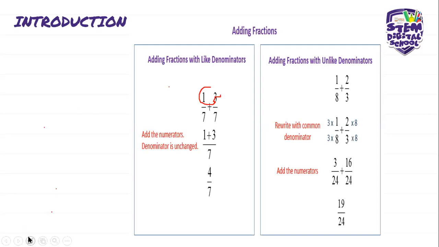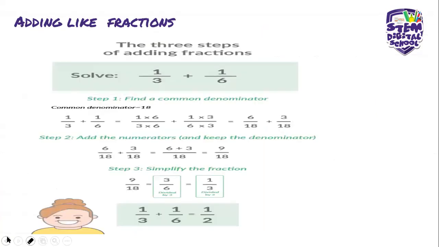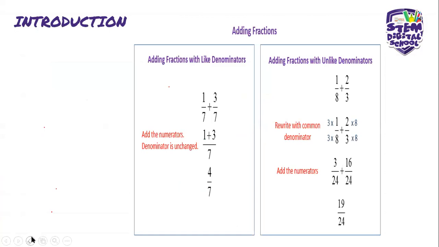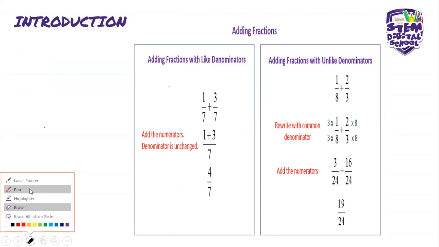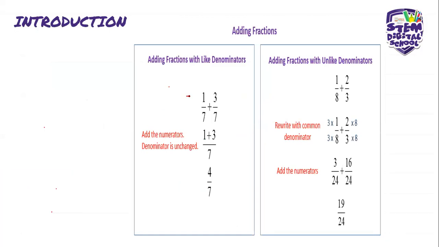It's like I always tell people that I'm explaining the concept of fractions to: the reason why we focus on the numerators, the top numbers, when we already have the same denominator, is that with fractions, you only add fractions which are from the same family, which are the same.